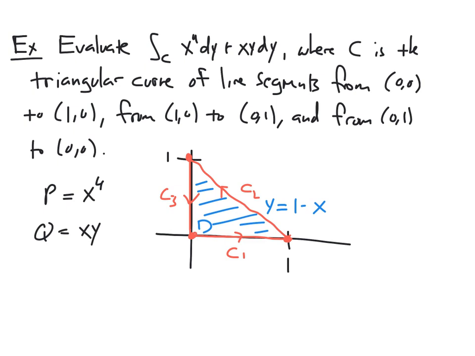The arrows I drew in as we went around do go counterclockwise. All right, notice if we started at the origin and went up to 0, 1, and then over to 1, 0, and then back to the origin, that would be a negatively oriented curve, and so we'd have to do something different other than just apply Green's theorem as is.